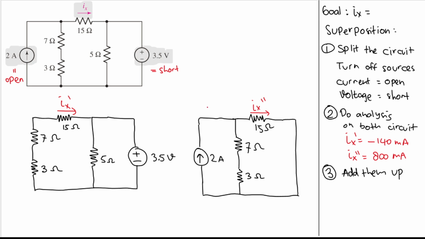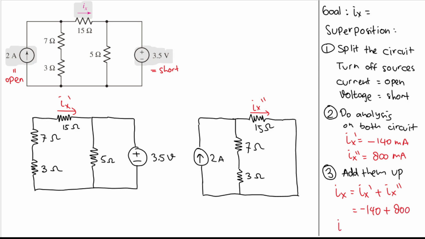And we can just find it by using the formula Ix is equal to Ix prime plus Ix double prime, right? Because this is from our split circuit. Ix prime is this one and this one is Ix double prime. And we know that Ix prime is minus 140 and Ix double prime is 800.